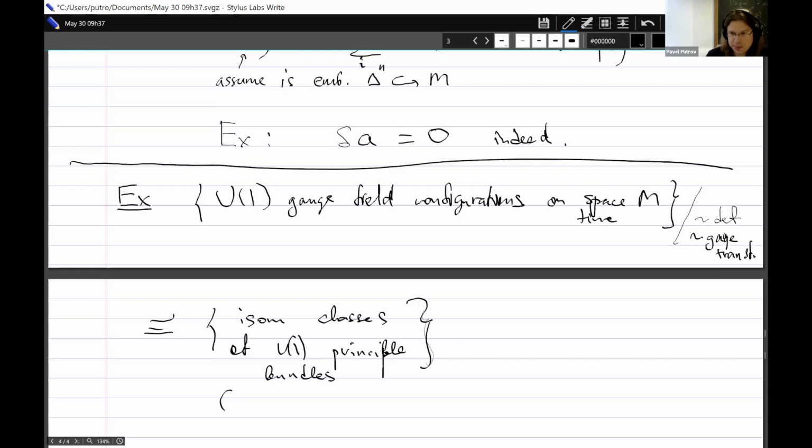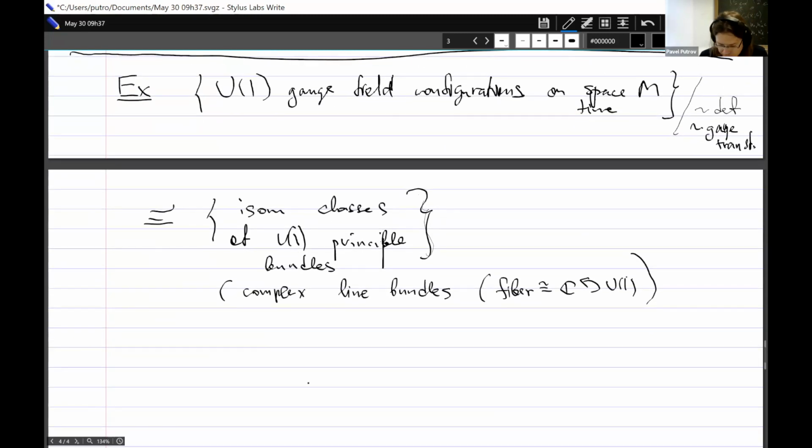Or instead of U(1) principal bundles, we can consider complex line bundles, meaning the fiber is isomorphic to just C, which forms the defining representation of U(1).